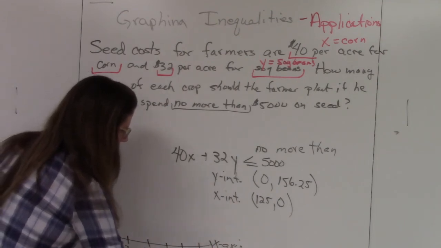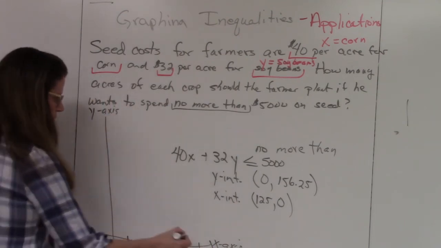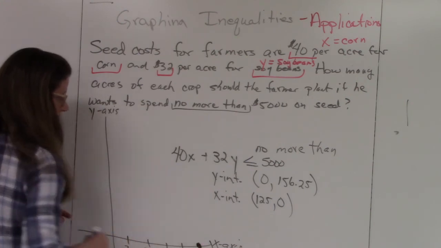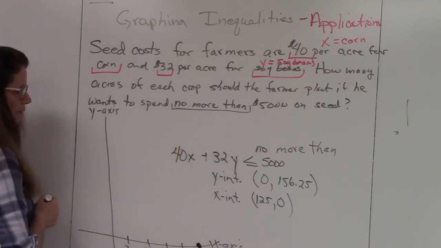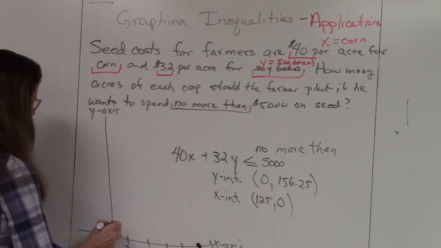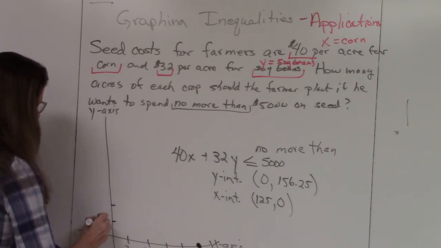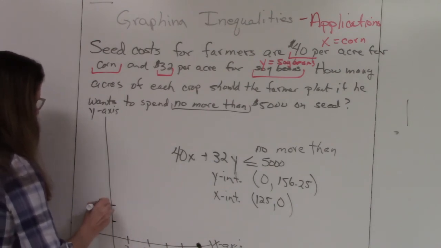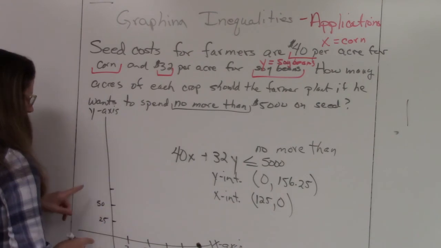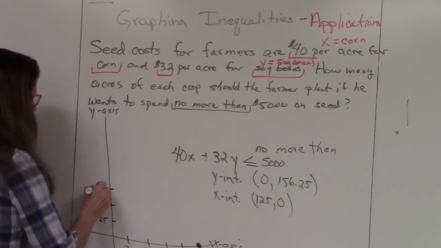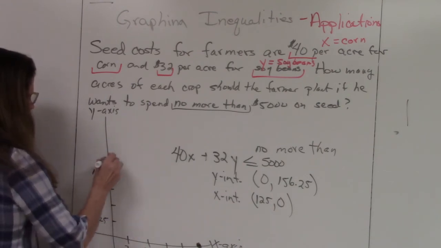I always go up one step. So here is my x-intercept. My y-intercept is 156.25, so I can also go by 25s. You always want to try and get your x and y intervals to be the same, so just pick a number that will fit both.